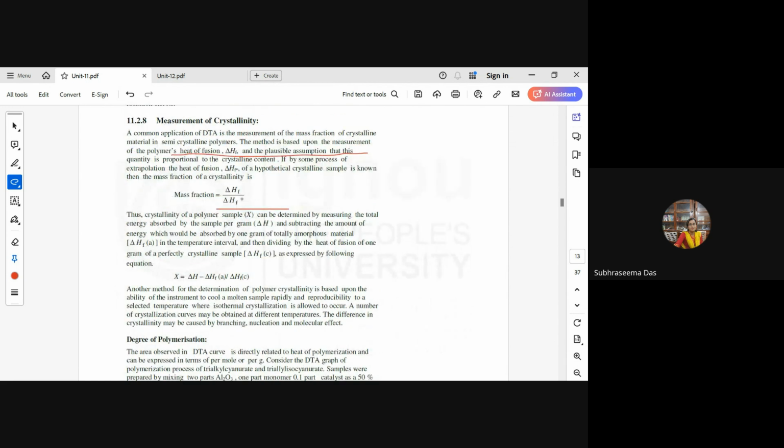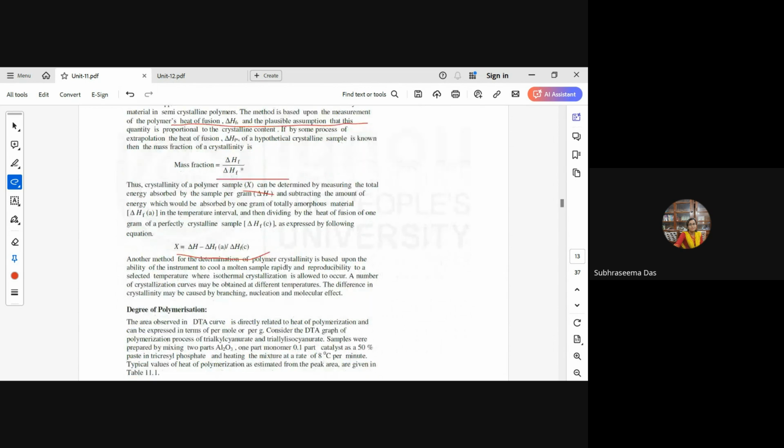Thus, the crystallinity of a polymer, represented as chi, can be found by measuring the total energy absorbed by the sample per gram, that is delta H, and subtracting the amount of energy of the amorphous part. X is equal to delta H minus delta HF A by delta HFC, where A represents the total amorphous material and C represents the amount of crystalline sample present in the material.